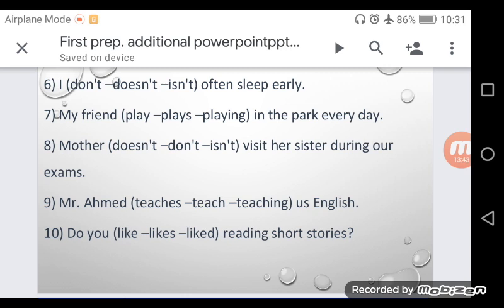The correct answer is teaches. Mr. Ahmed teaches us English. Number 10, do you liked reading short stories? The correct answer is like, because the subject is you. Do you like reading short stories?